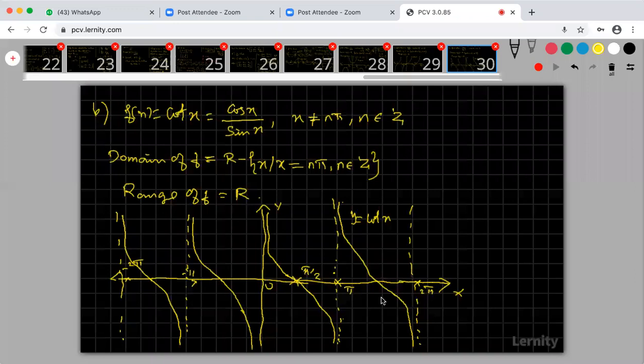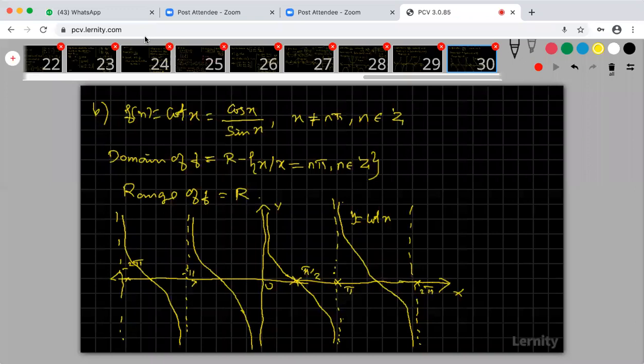Please take that, we will go to the problems. These graphs may be a little bit difficult to understand. It is given in your NCERT book also, so please go through it once or twice, and definitely you can easily understand.